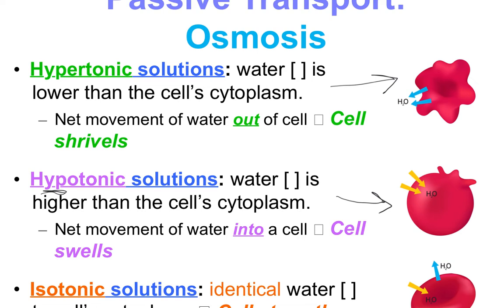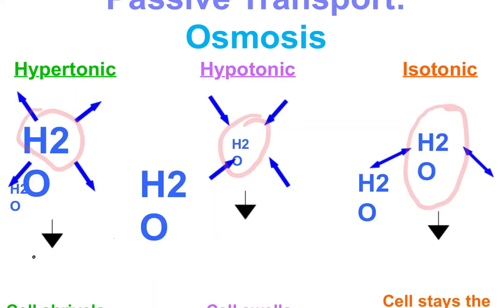So the net movement of water goes into the cell and the cell swells. Hypotonic. Then isotonic solutions, those are solutions that are identical to the concentration of the cell. So the cytoplasm doesn't move and the cell stays the same. So these are usually how we see the scenarios.